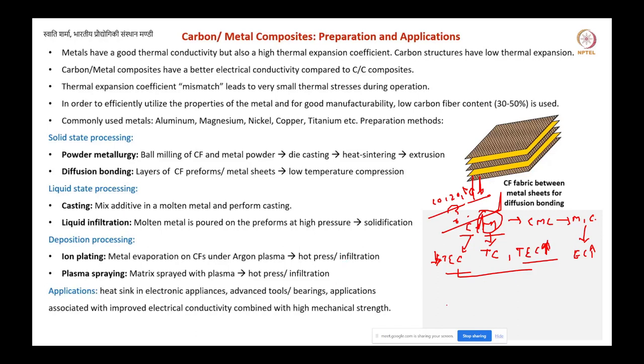There are a bunch of metals in our periodic table, but here you can see aluminum. It has some good specific properties. Magnesium is also a light metal. Nickel is also one of the most commonly used materials. Copper, anyone has seen, copper also has its own property. Titanium is also a light metal.